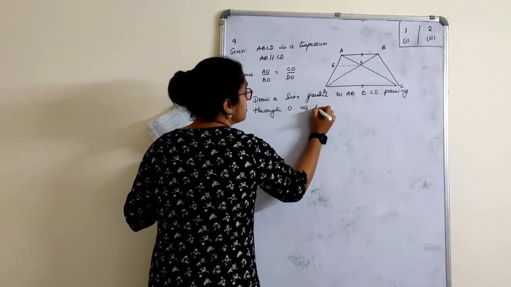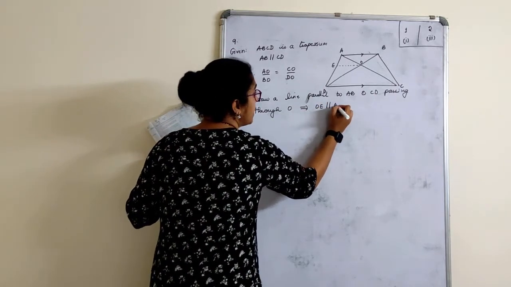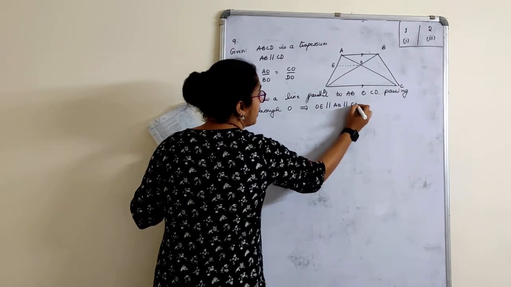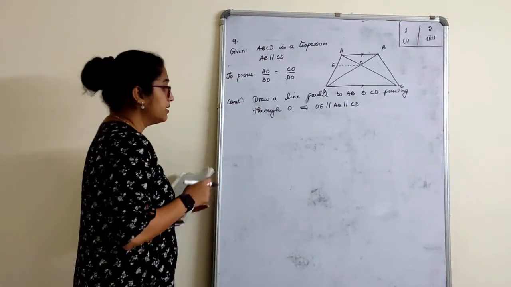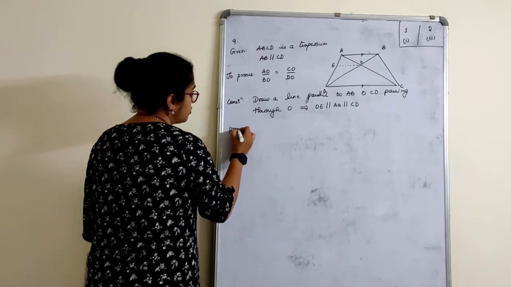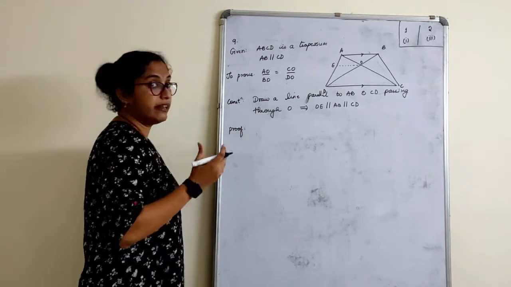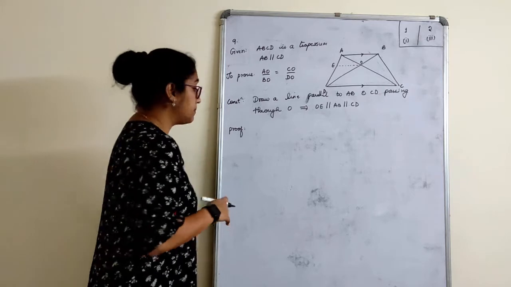This implies OE is parallel to AB and parallel to CD. Right? So the proof will be easy for us now because we have a parallel line and we can use the BPT here.